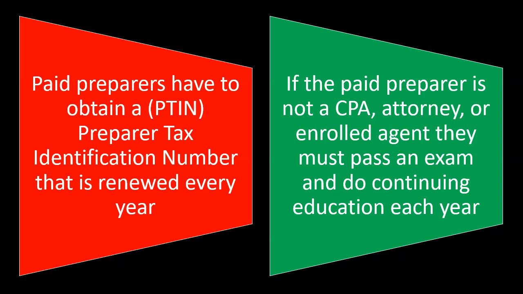They're all going to have their own rules and regulations to maintain the designation, or to be able to be a paid tax preparer in some format. And usually, under all those conditions, that's going to include some type of continuing education.